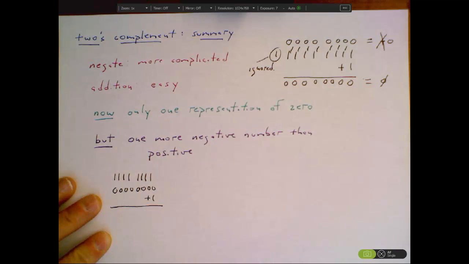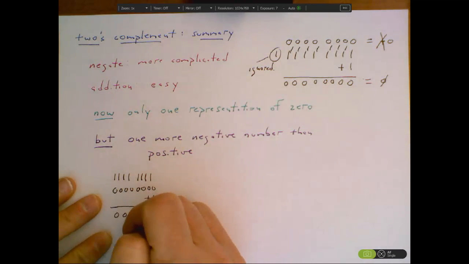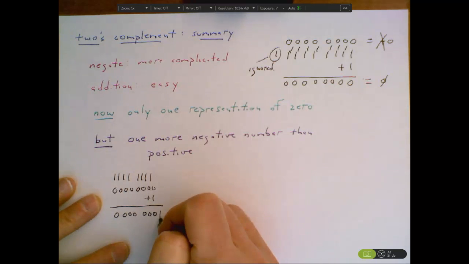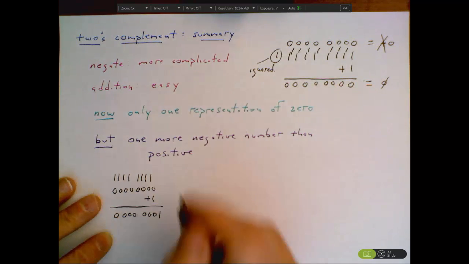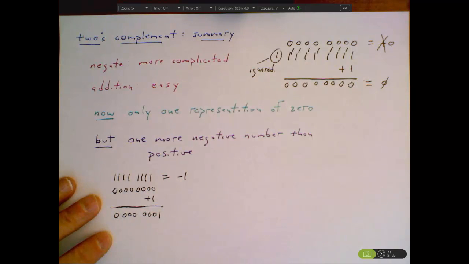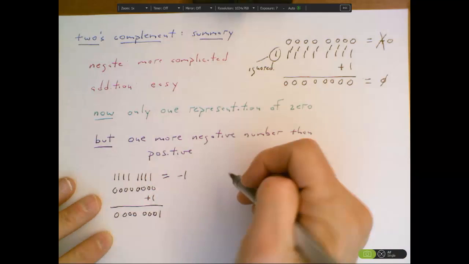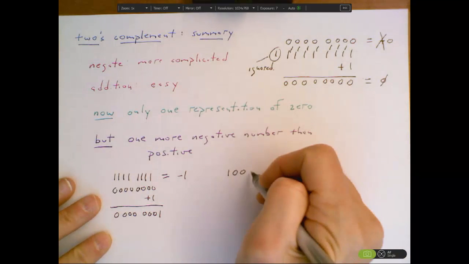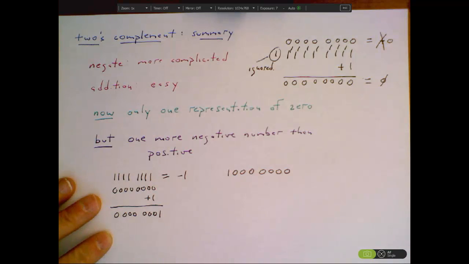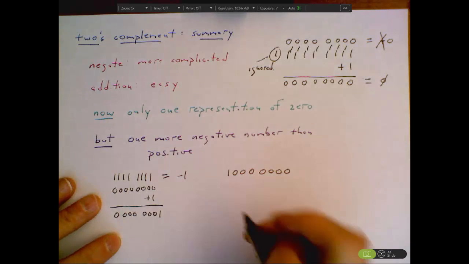So in fact, the bit string of all 1s in 2's complement indicates a value of -1. Okay. Turns out the biggest negative number is this. It's a 1 in the leftmost position and 0s in everything else. We complement that.